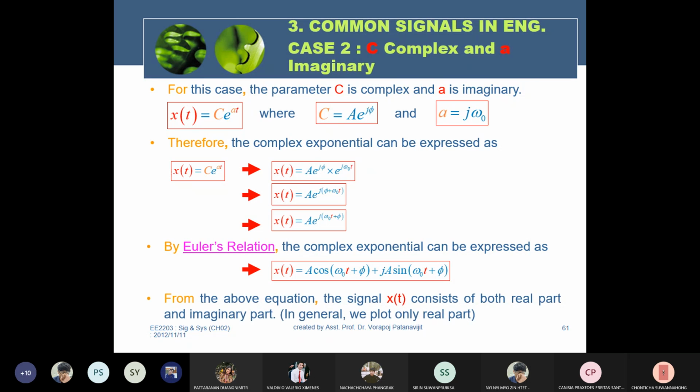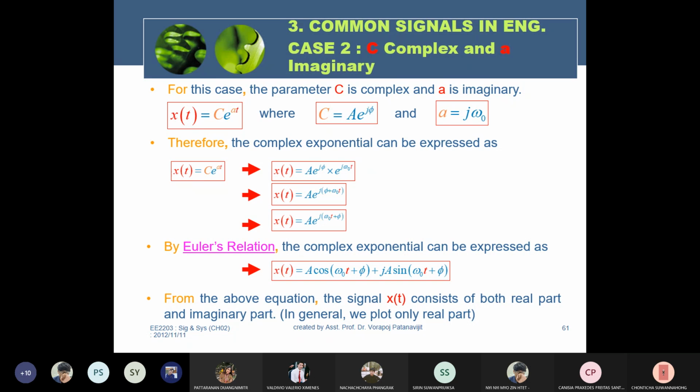From the above equation, the signal x(t) consists of both a real part and an imaginary part: cosine of this term plus j sine of this term. This is the real part, and this is the imaginary part.